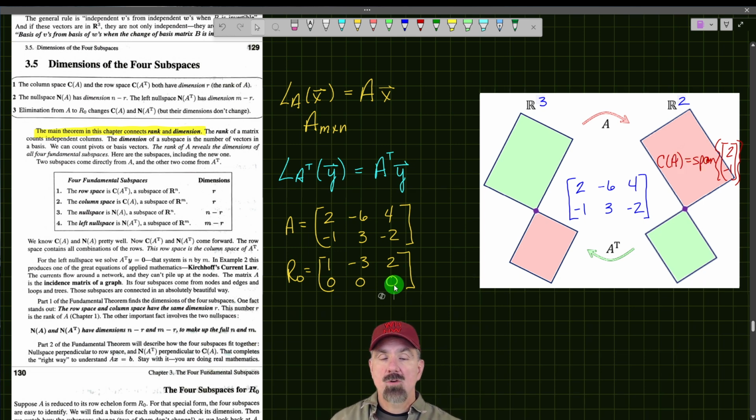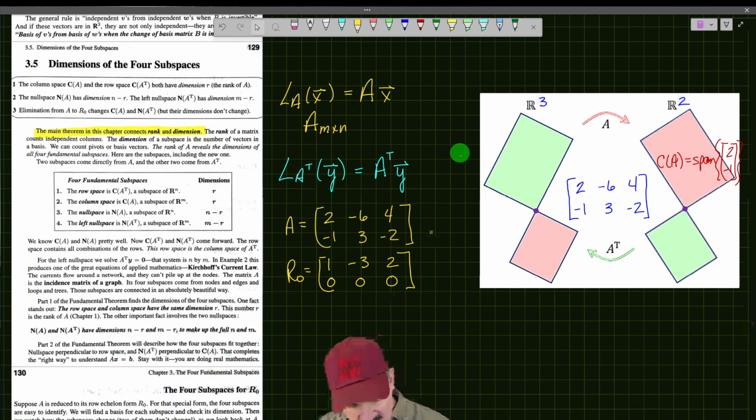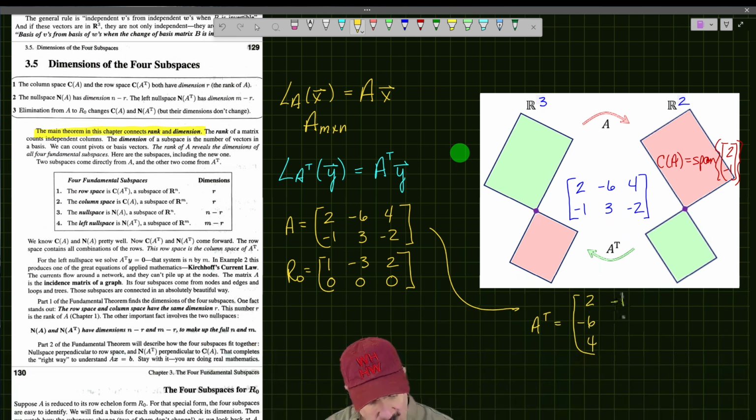Well, what's the row space? The row space is the column space of A transpose. And at least for this first example, we want to be very clear about this. So let's write down what A transpose is. That's just 2, -6, 4, and then -1, 3, 2.